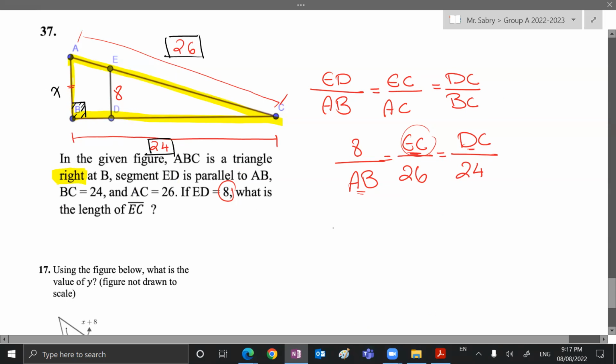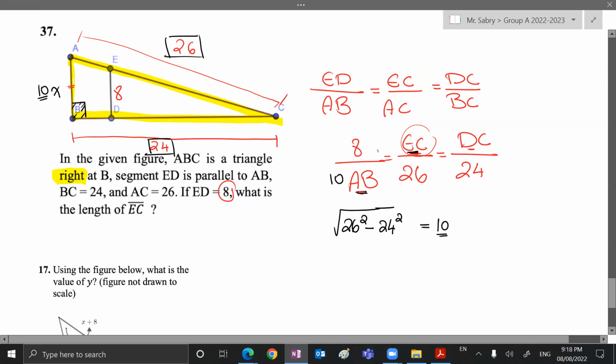So I'll refer to the Pythagorean theorem, which is 26, the hypotenuse, to the power of 2 minus the other side to the power of 2. That should get me an answer that's 10. So I have this now equal to 10, which means I have AB equal to 10, which means I can get whatever I'm missing now.